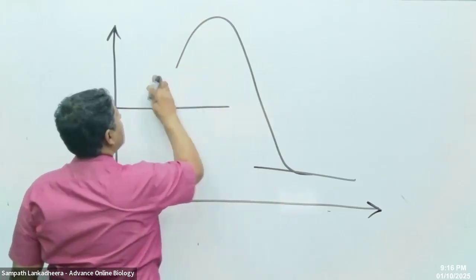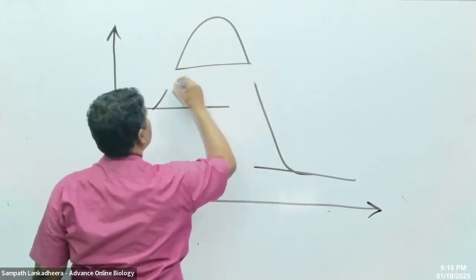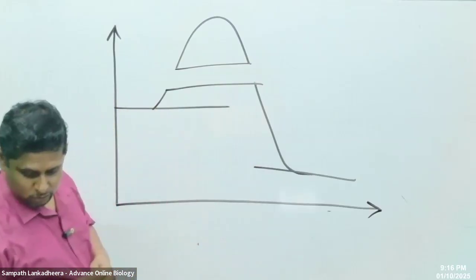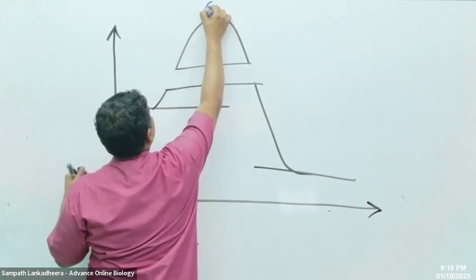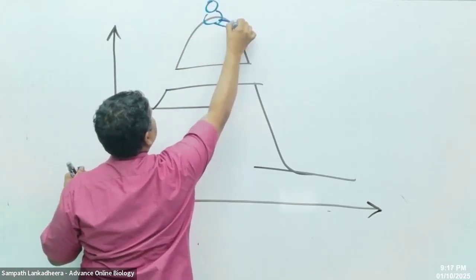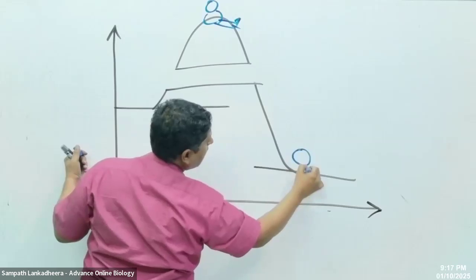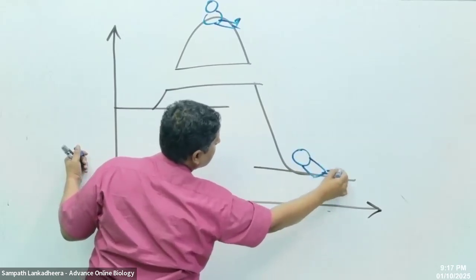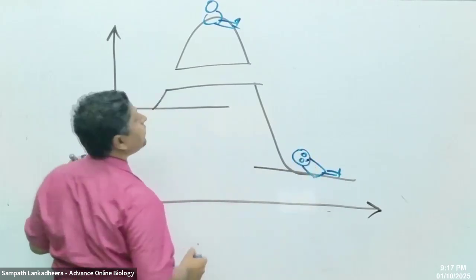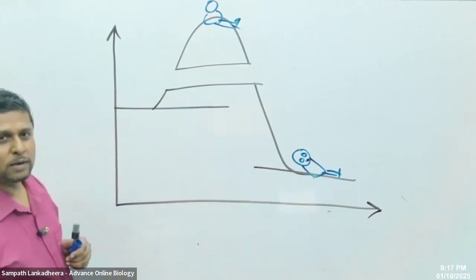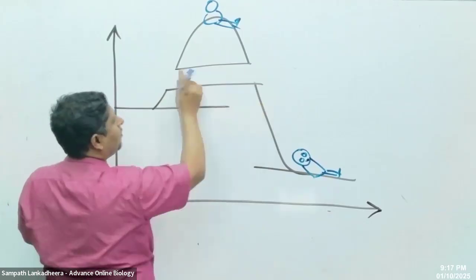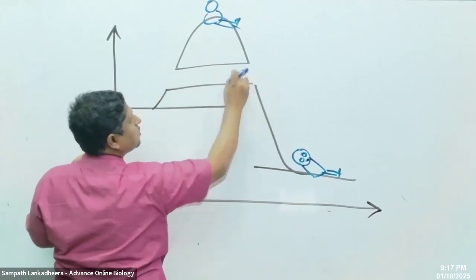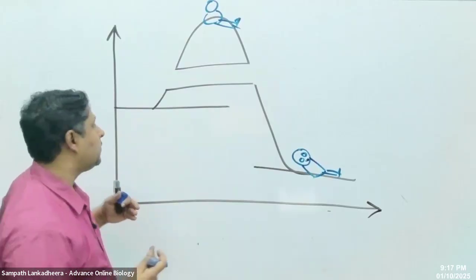Enzymes are actually making a tunnel like this through the energy mountain. Only a few can climb to the top of the energy mountain to become products, but enzymes decrease the energy requirement by making a tunnel like that. So it gives an alternative pathway.